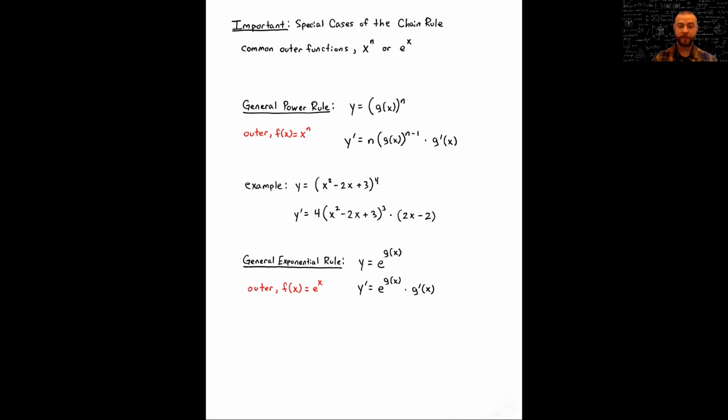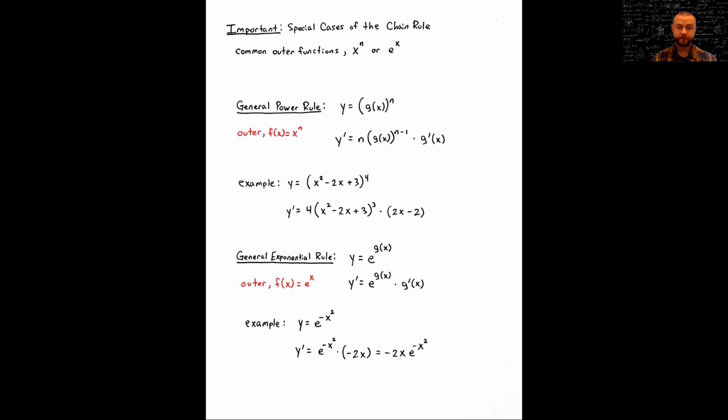All right, let's take a look at a very brief example applying that. Let's say our function is e raised to the negative x squared. What the general exponential rule says, we get the original function back. That's your f prime of g of x term, and the derivative of e to the x is itself.